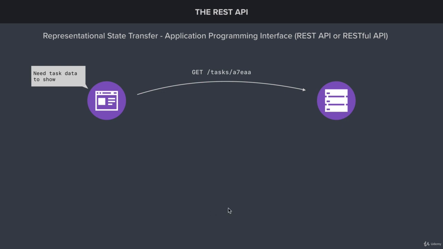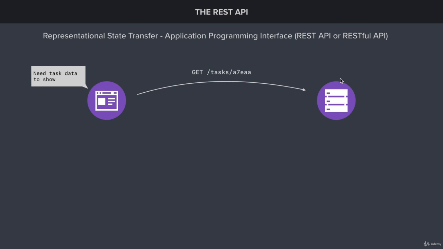Here I am using the GET HTTP method to make a request to /tasks/A7EAA, where this is the ID of the task I'm trying to fetch. Now in this case, I've shortened the object ID for this presentation. As we've seen before, object IDs are a bit longer than just 5 characters.